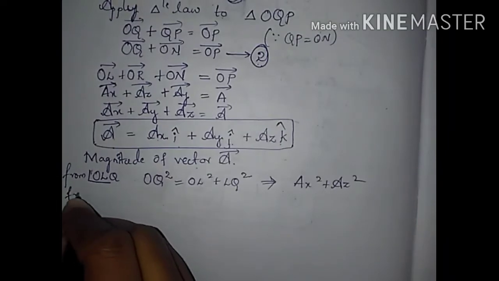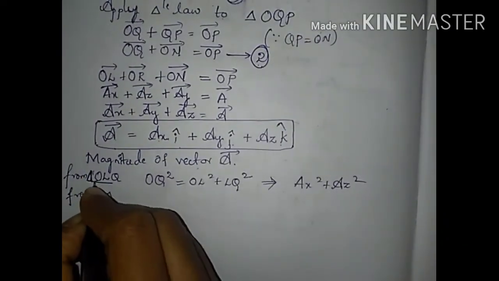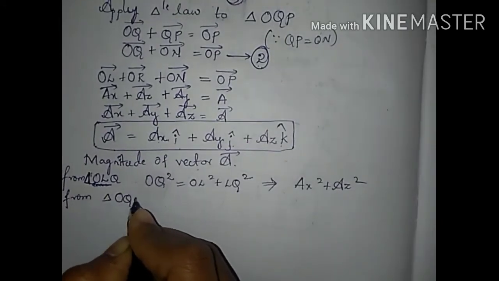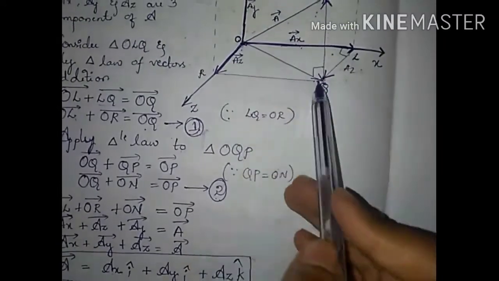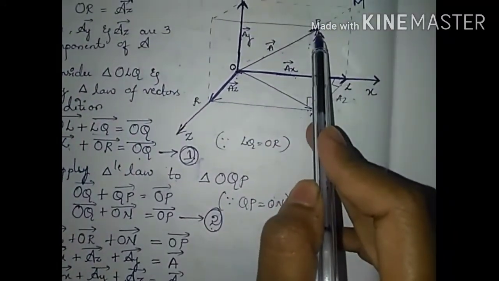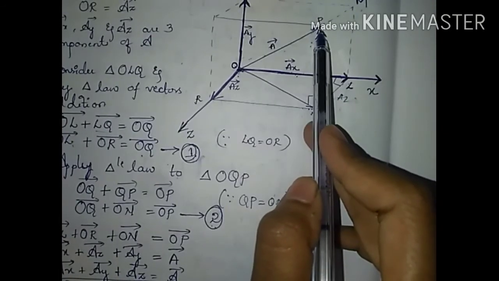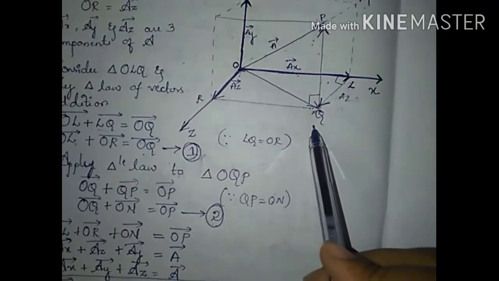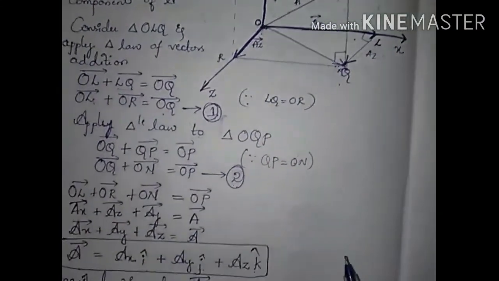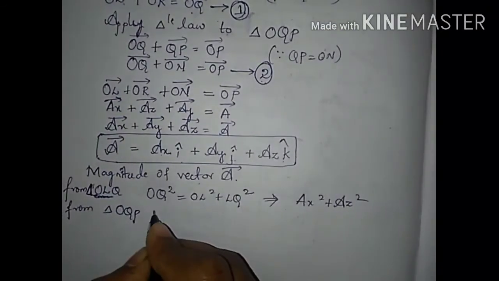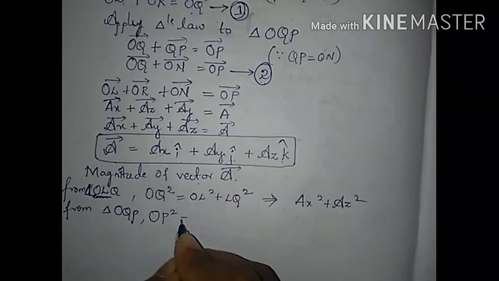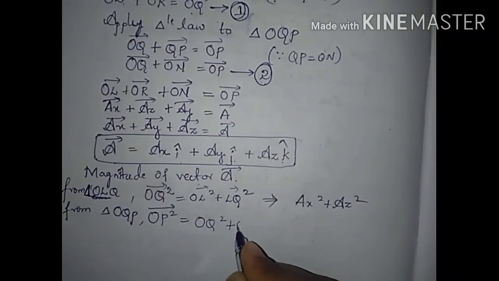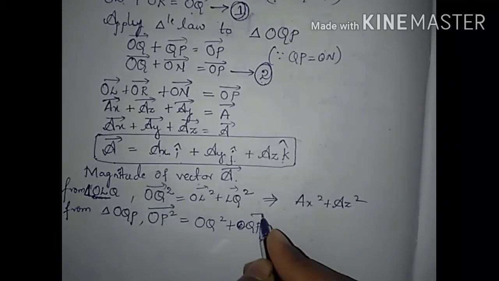Now from another triangle, triangle OQP, you can write OP square is equal to OQ square plus QP square.